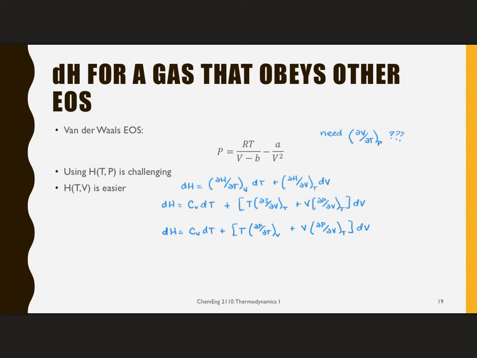In the case of dP dT at constant volume, A over V squared is a constant, so therefore dP dT at constant volume is simply R over V minus B. dP dV at constant temperature is somewhat more challenging, but this is really just V raised to a negative power, so negative RT over V minus B squared plus 2A over V cubed.